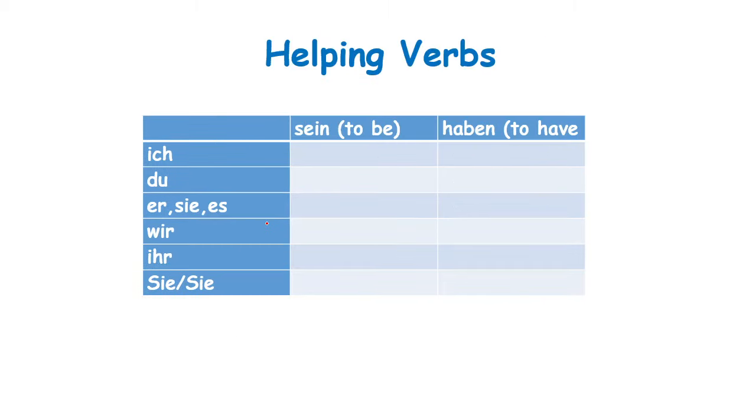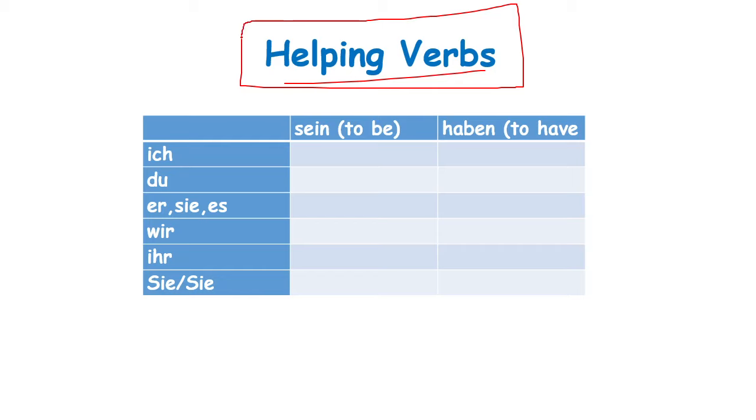So apart from that, we have two helping verbs, sein and haben. Their conjugation is a bit different, that we need to learn. In the German language we have three helping verbs, but in A1 we have only two. So today we learn only two. Sein, to be, and haben, to have.